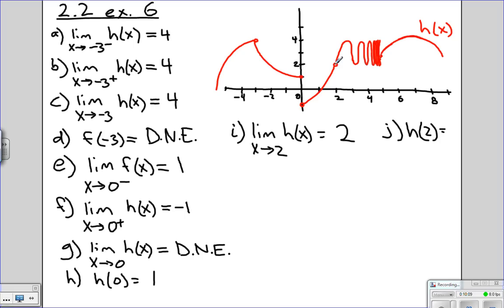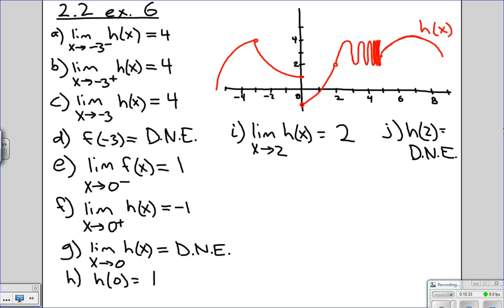There's a hole, so that simply means it's not defined at that spot. So it does not exist. Once again, this was an example of a discontinuity, because the limit and the value are not the same. The limit's 2, but the value doesn't exist, so it's a discontinuity. And once again, you'll learn about that later.